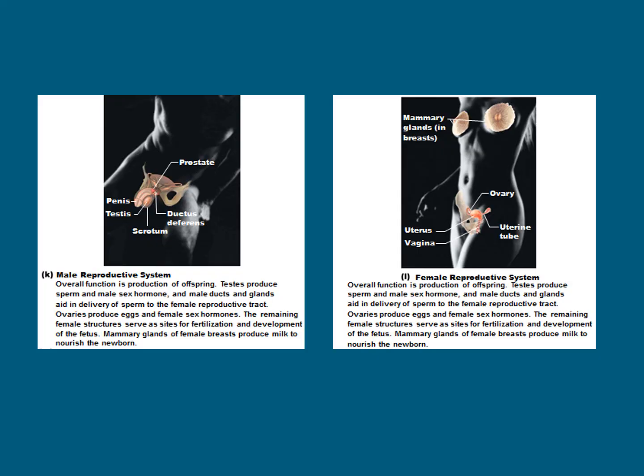And then the reproductive systems, the overall primary function is for production of offspring. Whether it's male or female, they also produce some hormones. So you'll notice that some systems kind of overlap. Well, they all do to a certain degree, but some of your organs in one system, such as with the reproductive, yes, it's part of the reproductive system, but some components of it may also be involved in the endocrine system because they're secreting hormones.